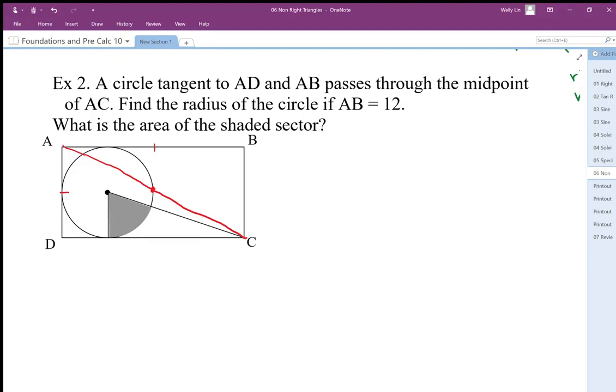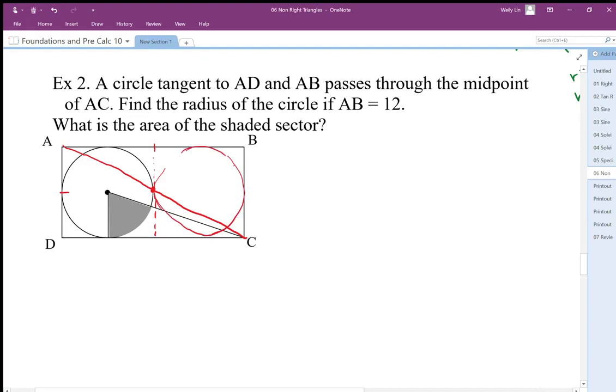So if we can imagine the symmetry involved in this, we can figure out this problem without having to do any trig. If I know that this is a midpoint here, that line must represent the midpoint, going to split this into two parts. So this is basically going to be able to fit two exact circles into this rectangle.